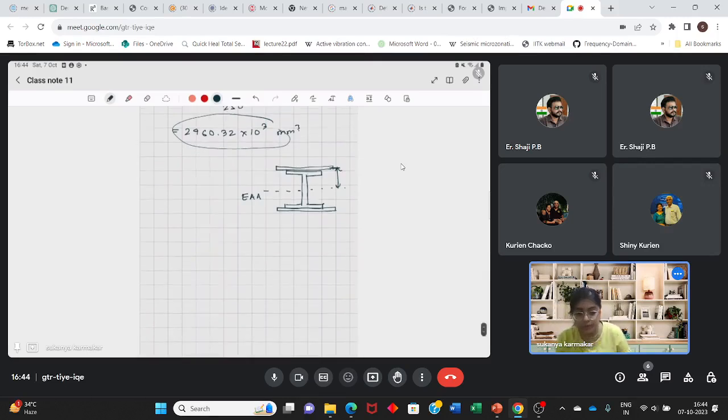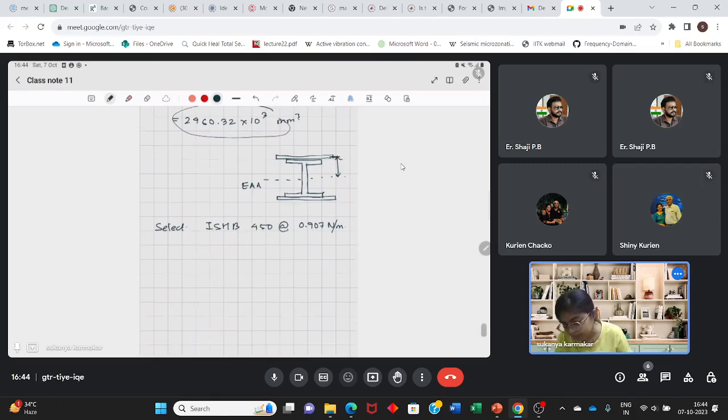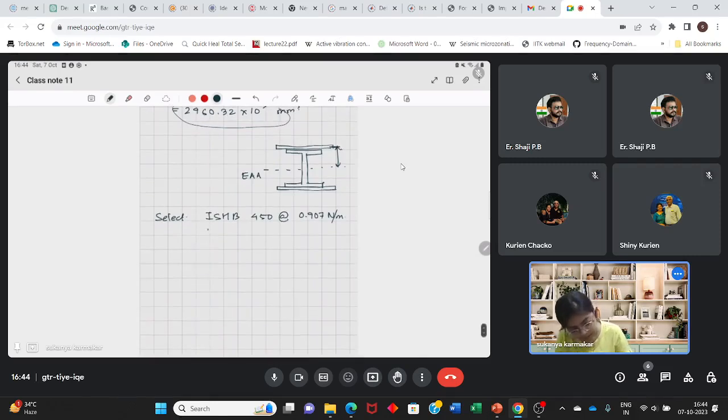The depth is 450 mm, less than 500 mm, so we are satisfying it. ISHB 450 at the rate of 0.907 Newton per meter, and its depth is 450, less than 500, so it's fine.